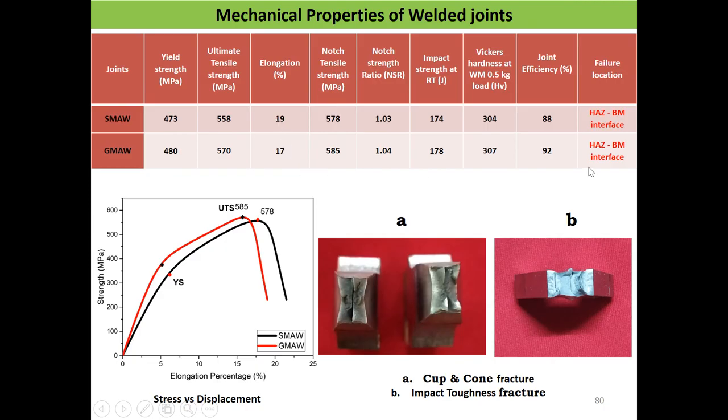But the failure location occurred at the HAZ base metal interface in both processes. The fracture looks like a cup and cone fracture. Here the photograph is evidence to confirm the cup and cone fracture.